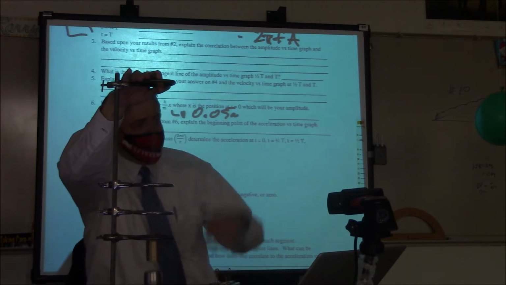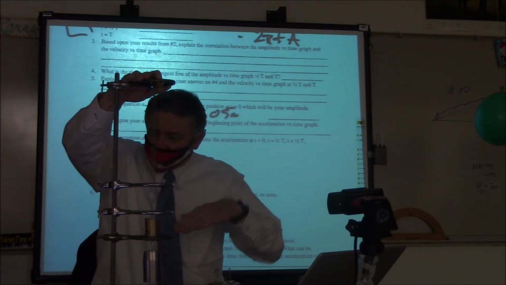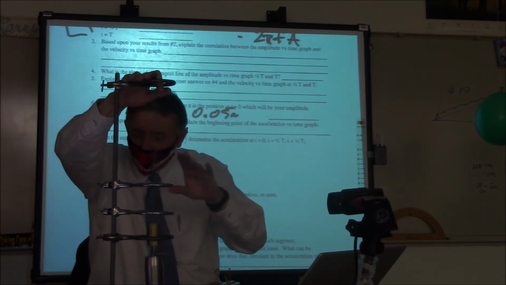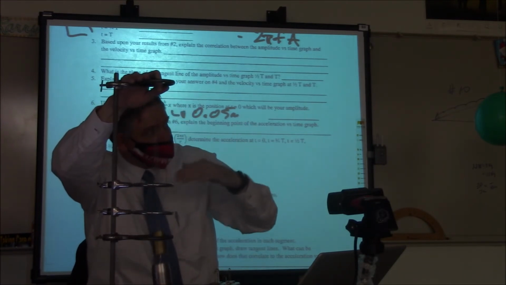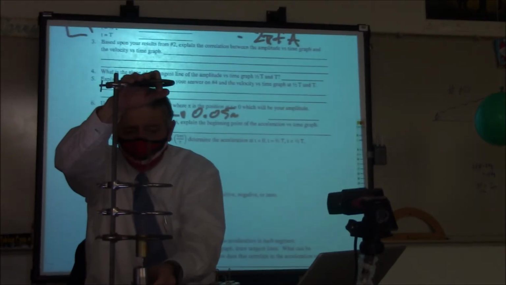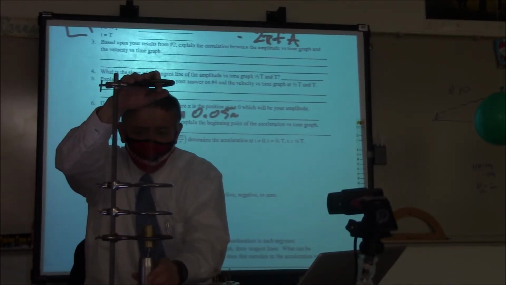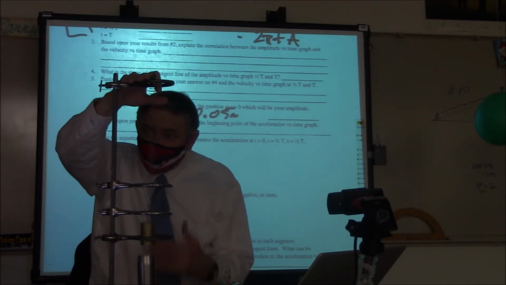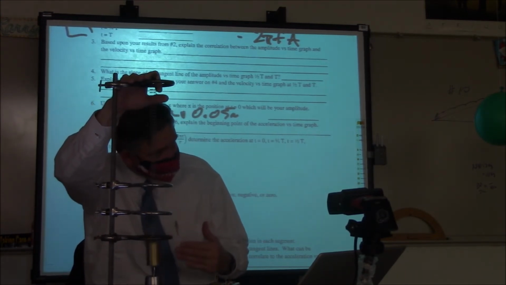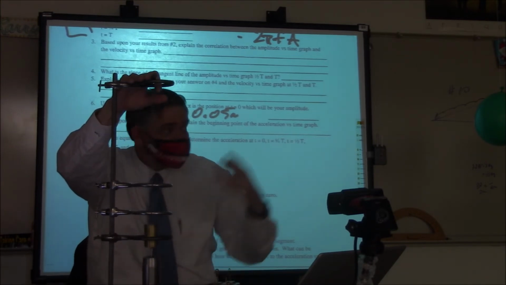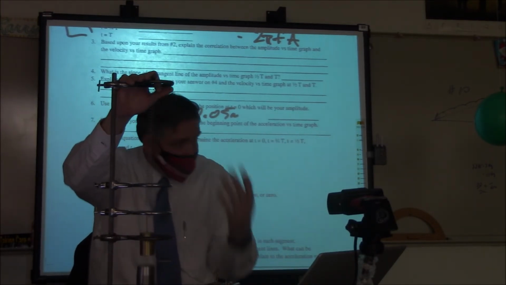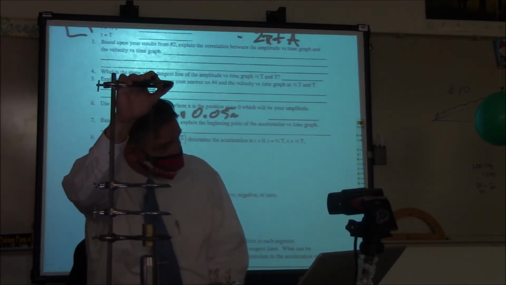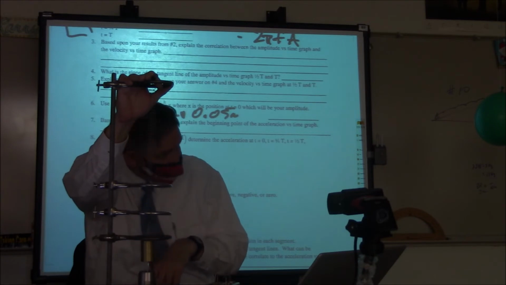When I had just the 0.5 kilogram mass, it vibrated really quickly. Wow, big acceleration. Now, when I put more mass on here, it's like watching it in slow motion. I don't get as big an acceleration because I have more mass in the system. The more mass that you have, the more inertia that you have, the harder it is to get it to slow down, but the harder it is to get it to move.